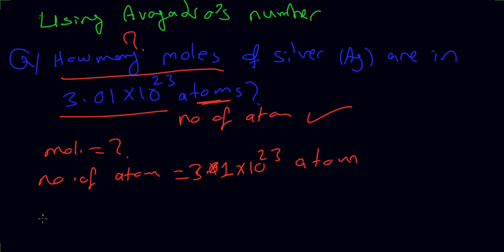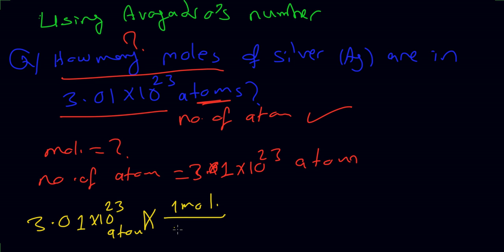You say number of atom, which is given, right? Always you write the given, 3.01 multiplied by 10 to the power 23 atom, multiplied by what? You say 1 mole. Always you say 1 mole is equal to 6.022 multiplied by 10 to the power 23 atom. In this case you will use this conversion factor.